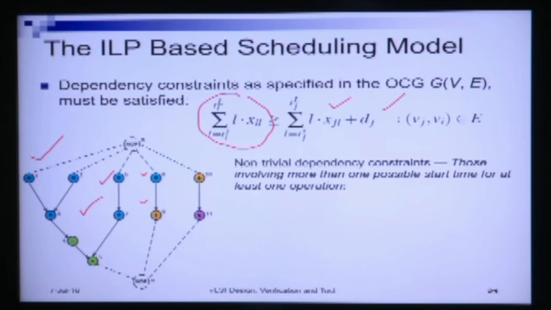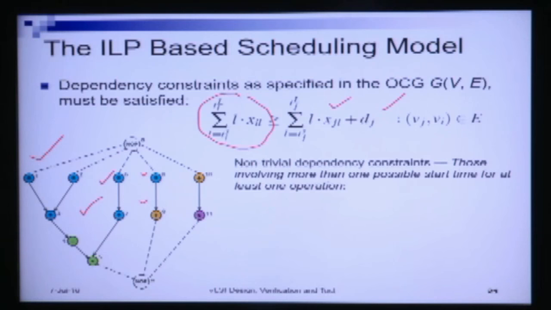So, what did we say, that all operations in the critical path, operations 1, 2, 3, 4, 5, all of them have only one possible start time. So, there a trivial constraint will always exist. That means that operation 4 should only start after operation 3 completes.